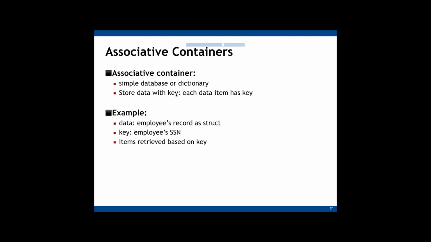For example, if the data is a struct with an employee record, the key can be the employee's social security number. And in an associative container, the data can be retrieved based on the key.